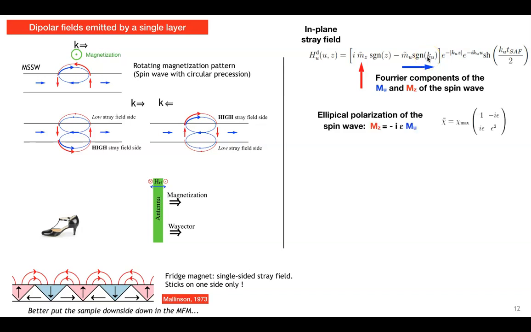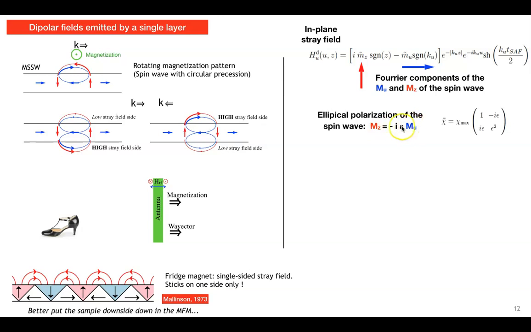Well, but now it's a spin wave. It's not domains, okay? And in spin waves, you have a link between the out-of-plane component of the magnetization and the in-plane component of the magnetization. And this link is simply that they're dephased by pi over 2, that their amplitudes differ by the helicity of the precession, the ellipticity of the precession.